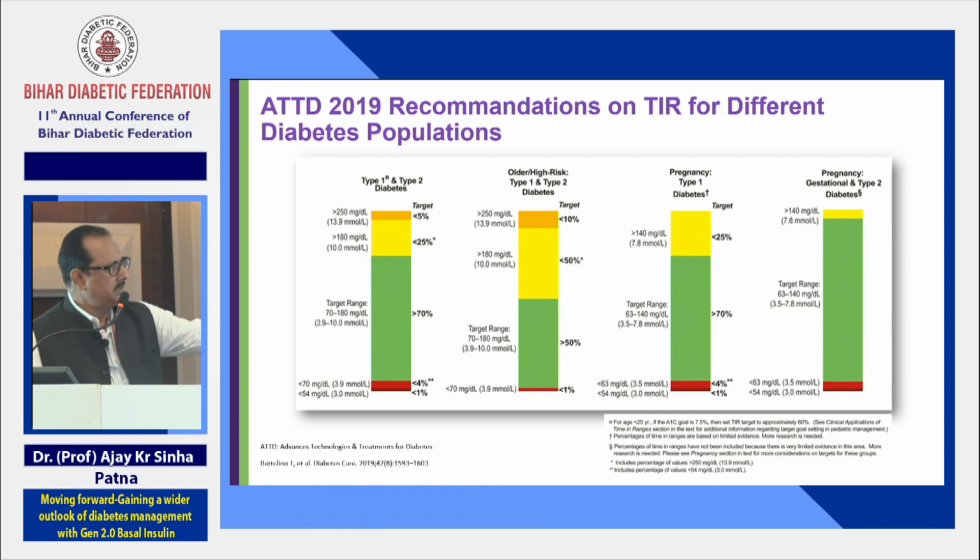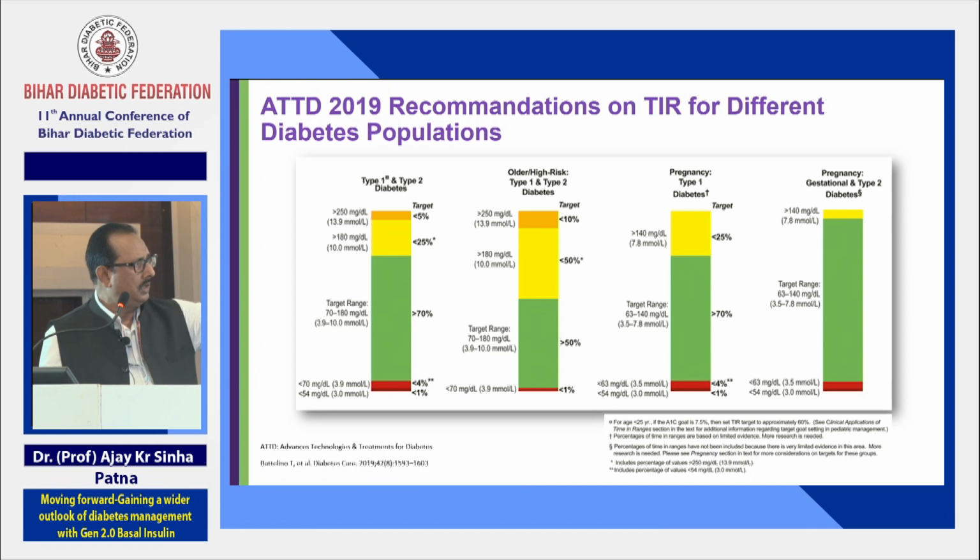You see first that in type 1 and type 2 diabetes mellitus, the green zone, they recommend the level 70 to 180, more than 70 and less than 180. It should be kept 70% of the time. So in a 24-hour period, 17 hours should be that the sugar lies in between.